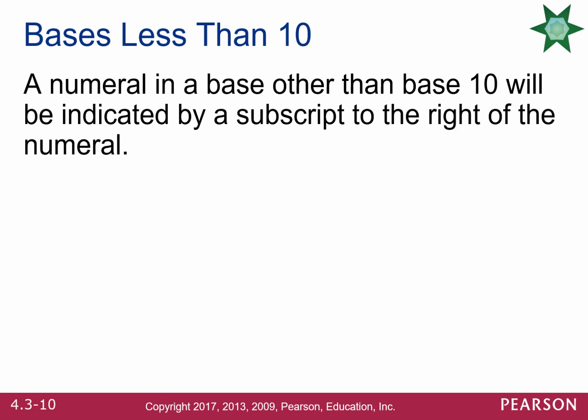So if we have the number 134, if it is base 10, and we are just working with base 10, the decimal system, like we normally do, then you don't need to put a base. But if you're working with different bases at once, then you have to indicate which base the numbers are associated with. So if this is a decimal base, then you write the 10 as a subscript at the right foot of the last digit. So 134, and then base 10.